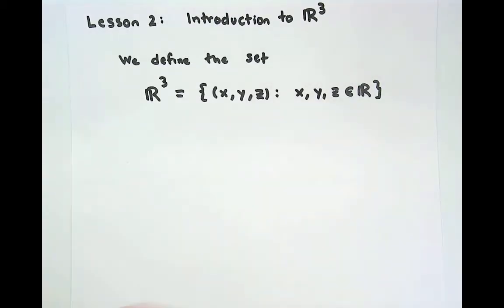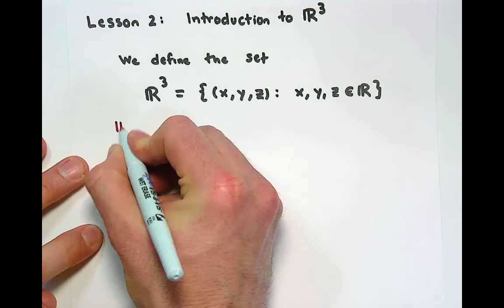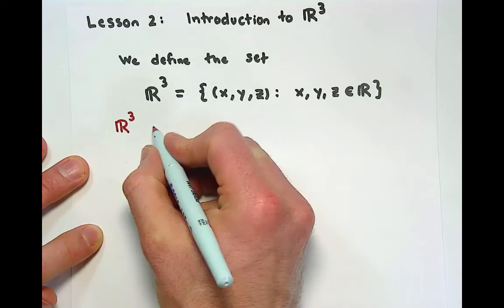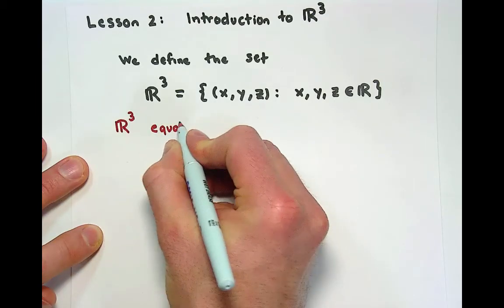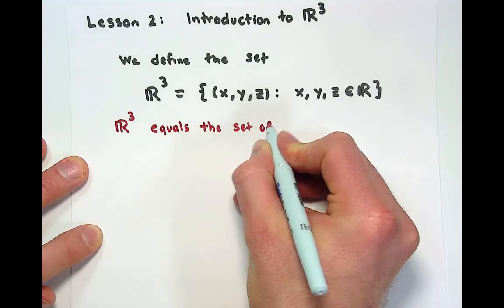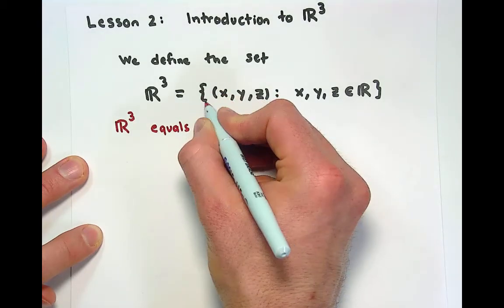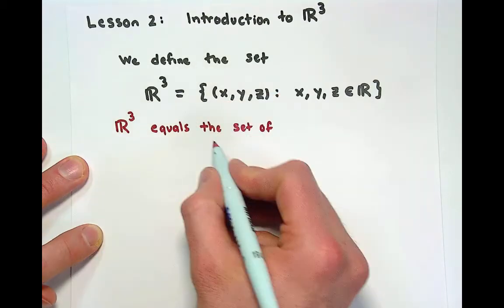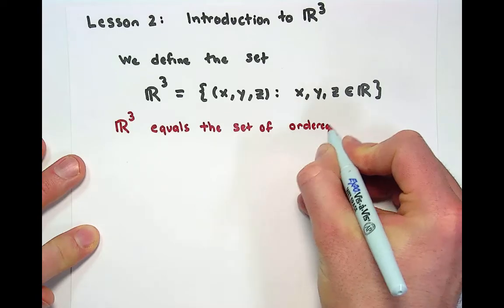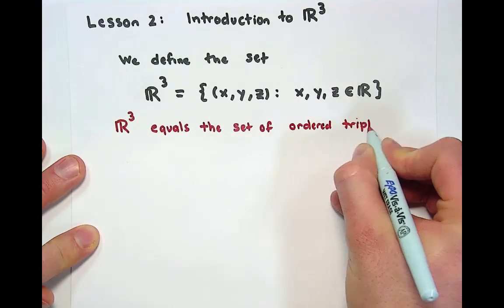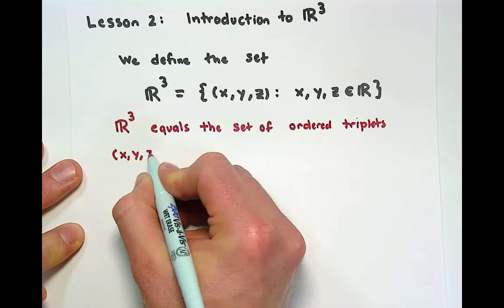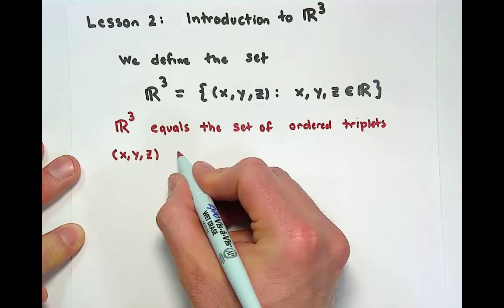The way we read this mathematical statement is R3, you can think about this as 3 copies of the real numbers, equals the set of, this first open curly bracket is called set notation, and you can read it as the set of ordered triplets, where each ordered triplet is given as an x, y, z.